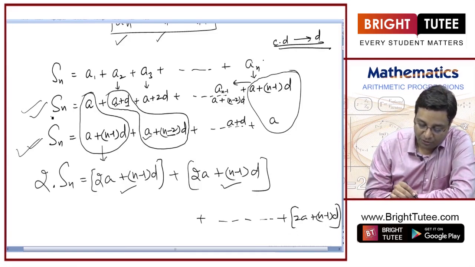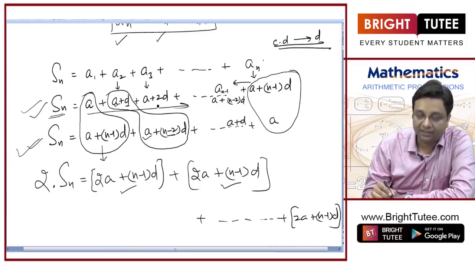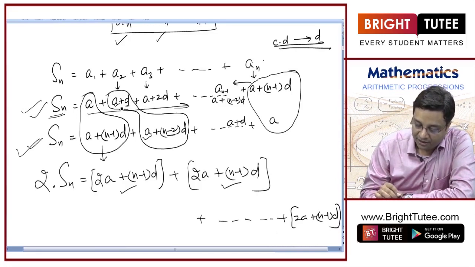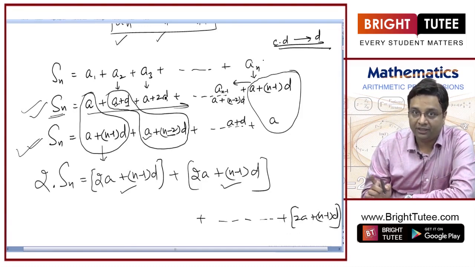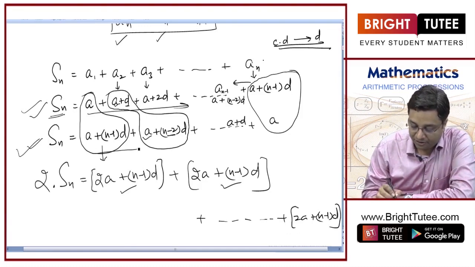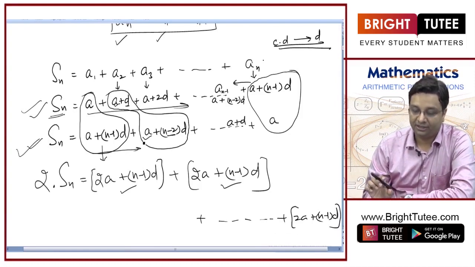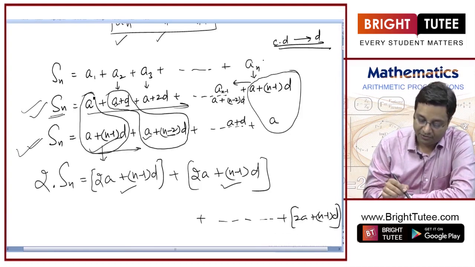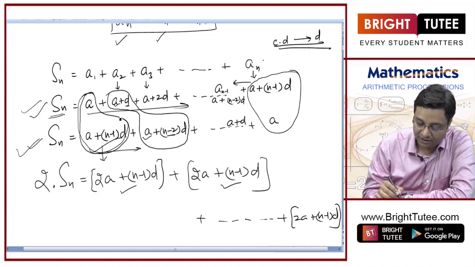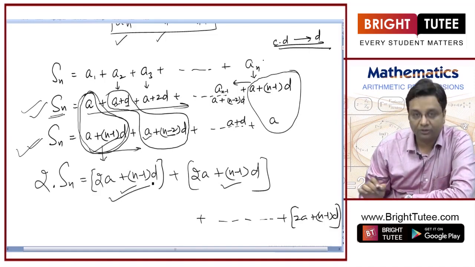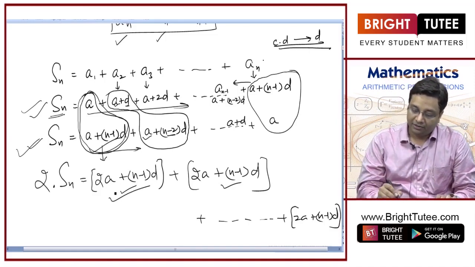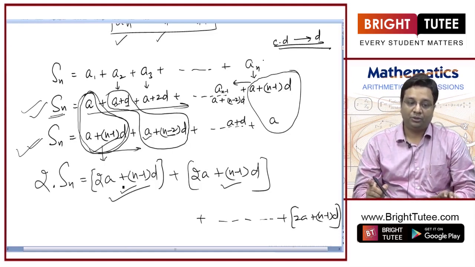Because when you go towards right in the first expression, a d will be added to each and every term, right? And in this expression, when you move towards right, a d is getting subtracted from each term, right? When you take this sum, it will adjust the d, and the sum will be the same for the corresponding terms, and it will be equal to 2a plus n minus 1 into d.